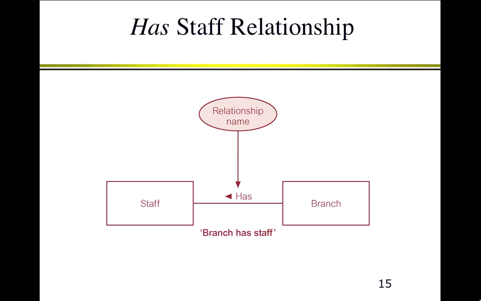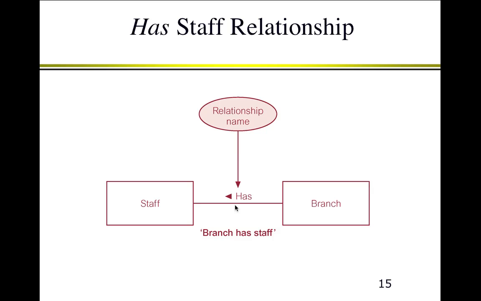And here's an example of staff that has a relationship with branch, that branch has staff. I talked about how the diagram can be read left to right, right to left, top to down, bottom to up. And we have a little arrow here that represents the direction that the creator of the diagram intended for the diagram to be read in. You'll notice it's kind of unconventional for the English language because the direction is leading from right to left, which shows you can actually implement any style you want.